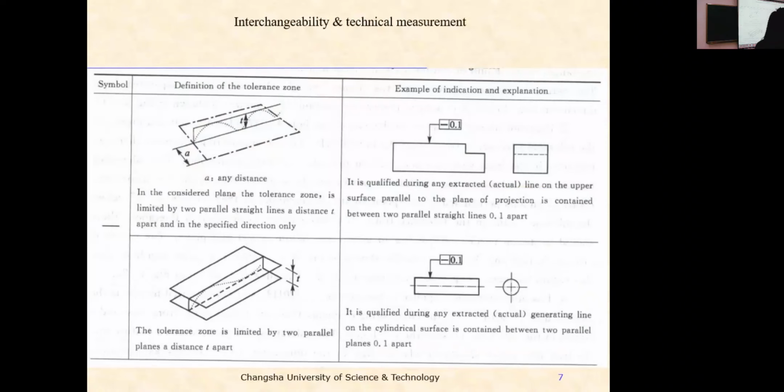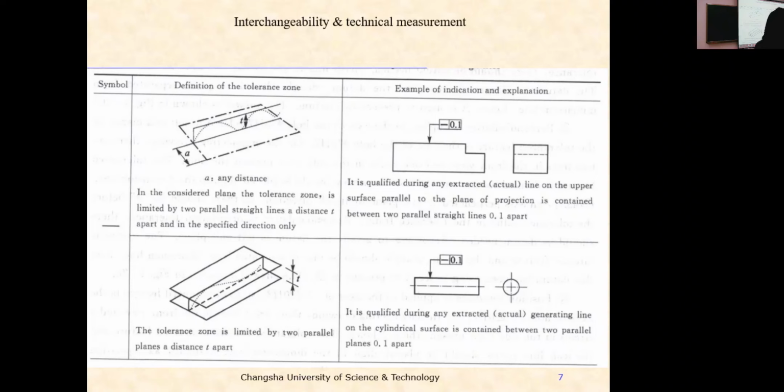And also the error needs to be limited to the surface, to describe the surface. And this is the same. It describes the surface tolerance, the line in the surface. So this has no phi. The tolerance zone is limited by two parallel planes.